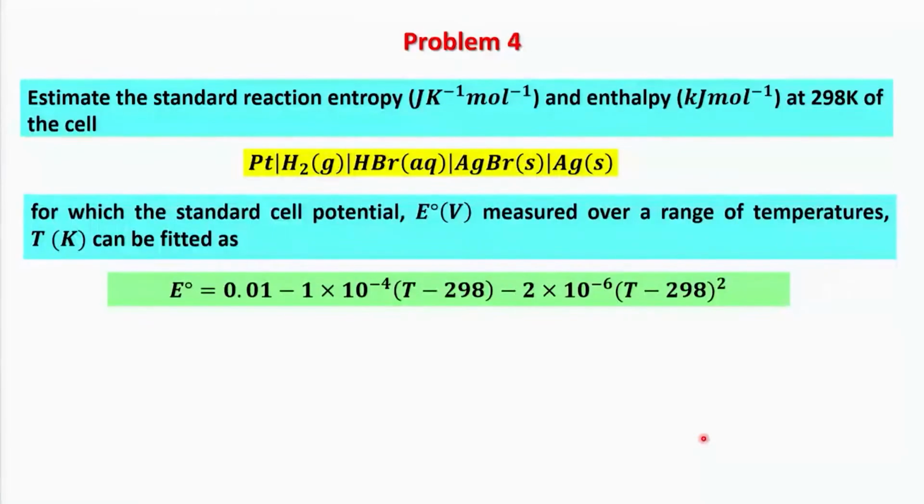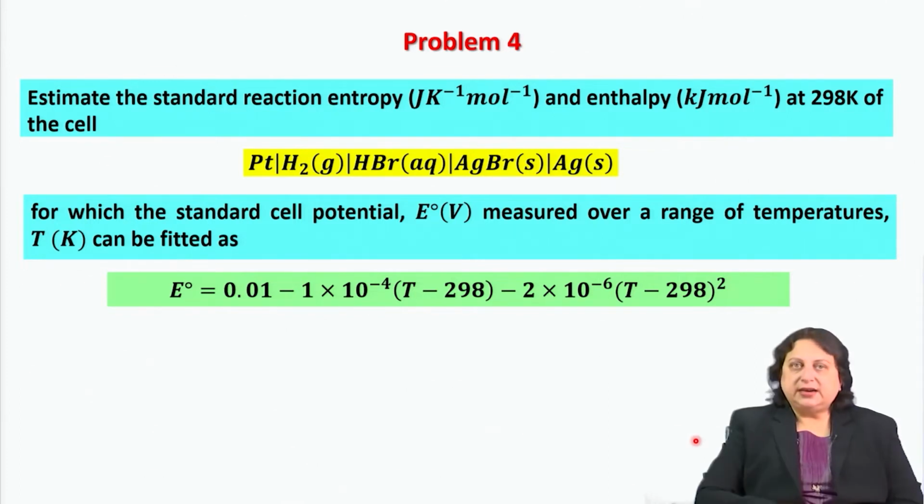Now, from here we go to another problem which uses the same cell, but in this particular case we have measured the standard cell potential over a range of temperatures, and in the experiment the measured value of standard cell potential has been fitted to an equation.